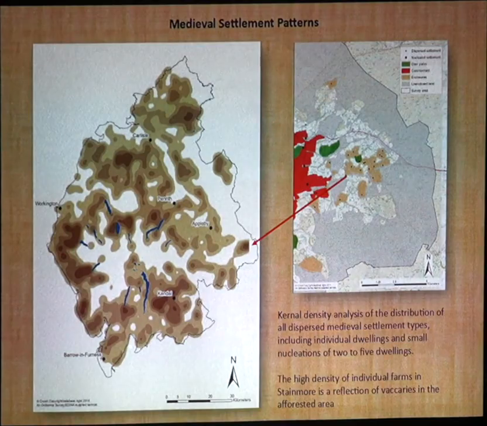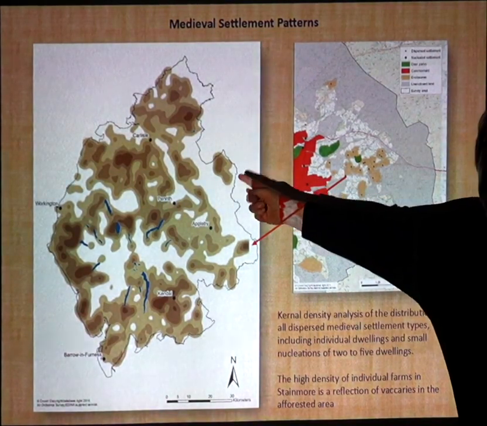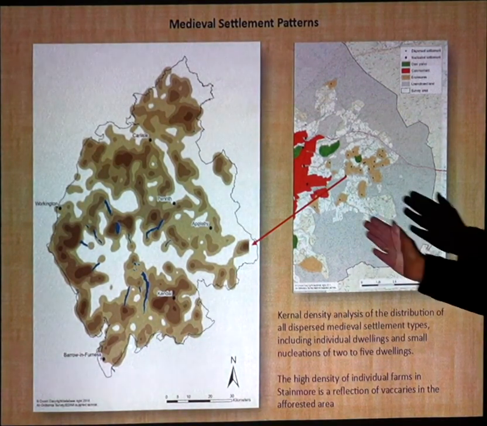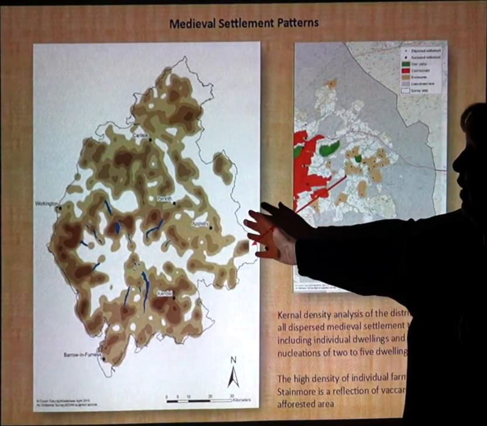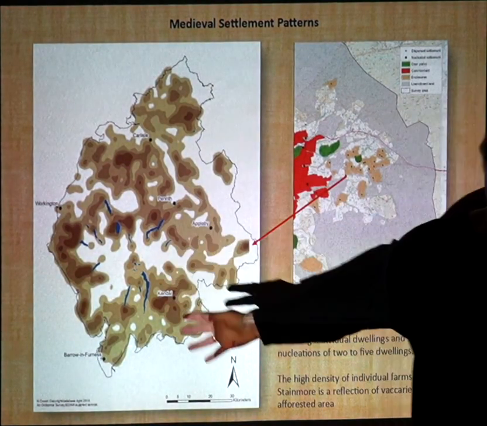If I can explain this, the biggest density of individual farms, rather than nucleated settlements, is up there on the Scottish border, this area here, but also, not so much down the Eden Valley, but across the Solway Plain and down the west coast.